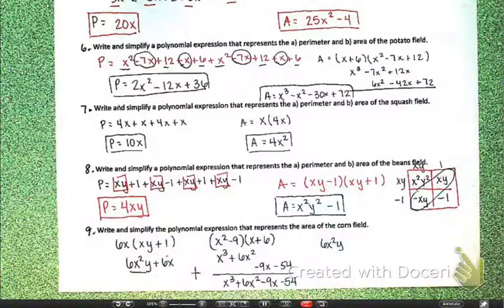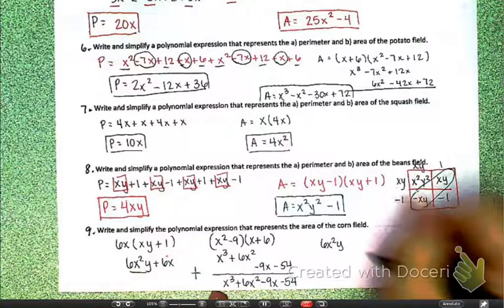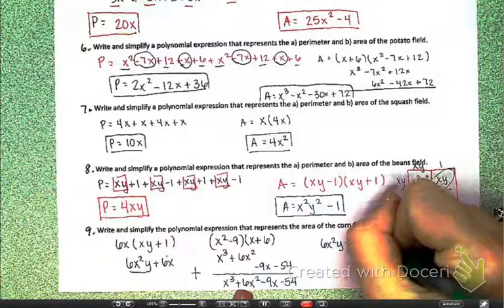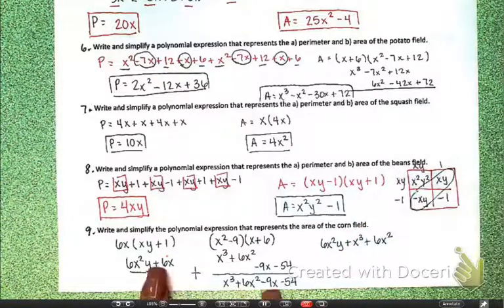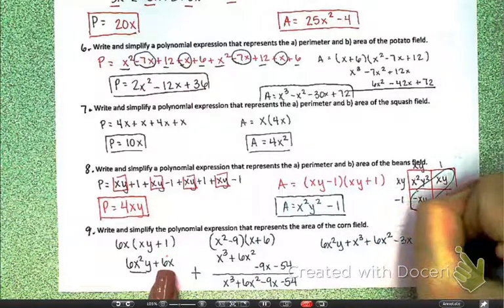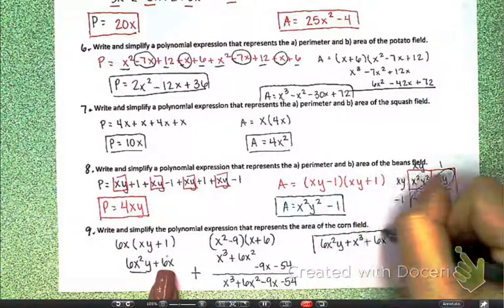Where would it go next? x to the third, so I'm going to rewrite that one because there's only one. And then there's only one x squared, but I can combine the x's. 6x minus 9x? Negative 3x. And then that minus 54 at the end.